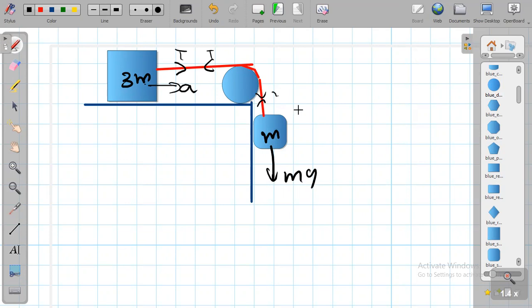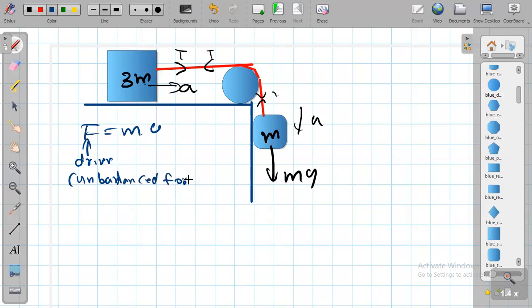The acceleration a is the same here. What is the driving force? F equals ma. F is the driving force, or the unbalanced force. What force is this one? The unbalanced force.